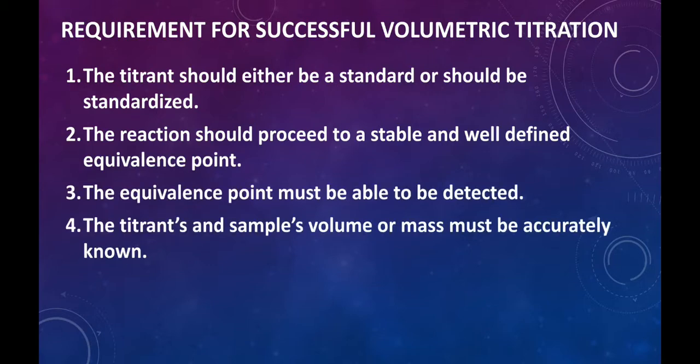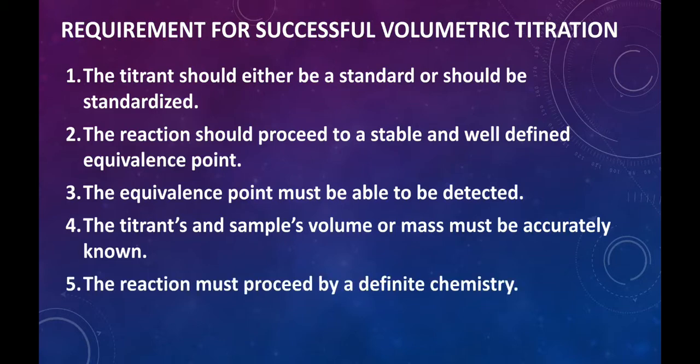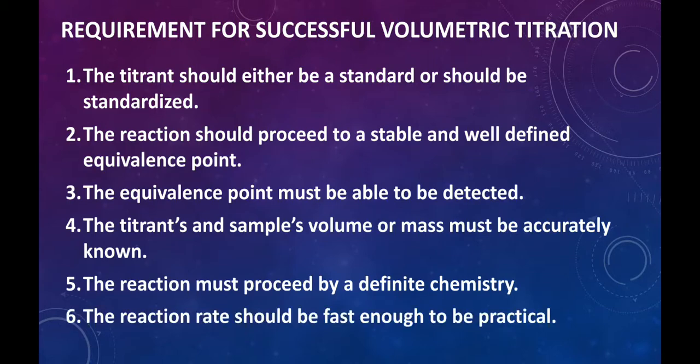Third, the equivalence point must be able to be detected. Fourth, the titrant and sample volume or mass must be accurately known. Fifth, the reaction should proceed by a definite chemistry. Sixth, the reaction rate should be fast enough to be practical.